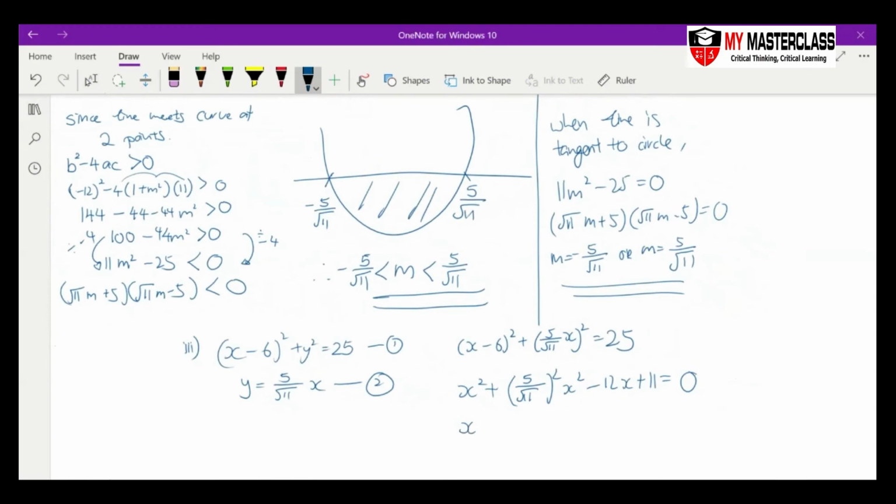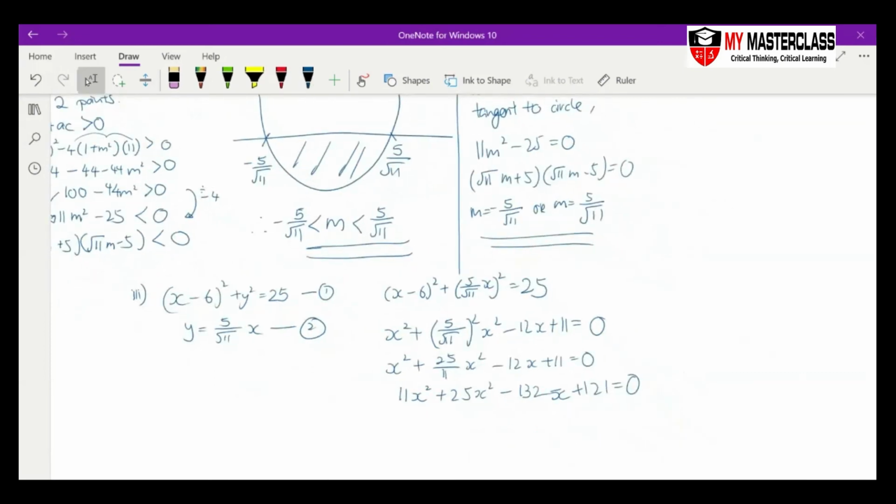Then now we open up. x squared plus 25 over 11 x squared minus 12x plus 11 equals 0. Go and solve this. You can multiply by 11 first. So you have (6x minus 11) squared.